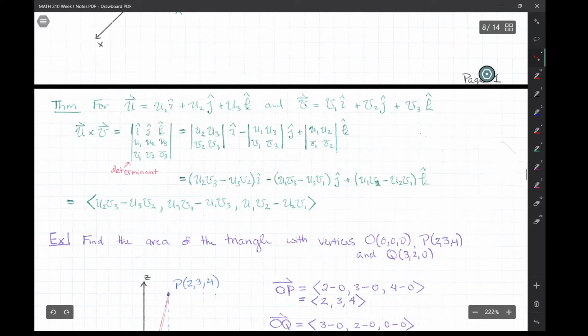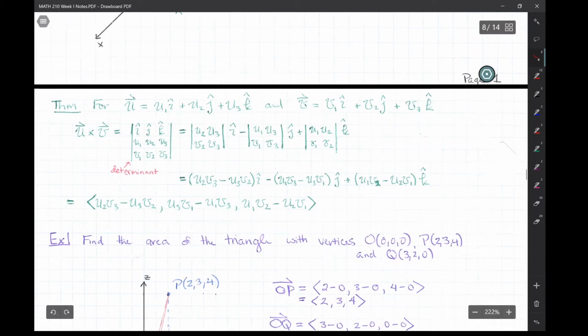And k hat has magnitude 1 and points in the z direction. For example, k is just the vector (0, 0, 1), where 1 is in the z component. And these bars around it are telling us to take the determinant of this matrix. Now you might say, well, how the heck are you plugging a vector into a matrix like that? This is symbolic, okay? This is just for the sake of memory.